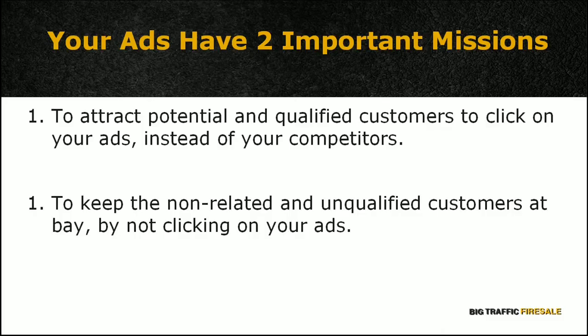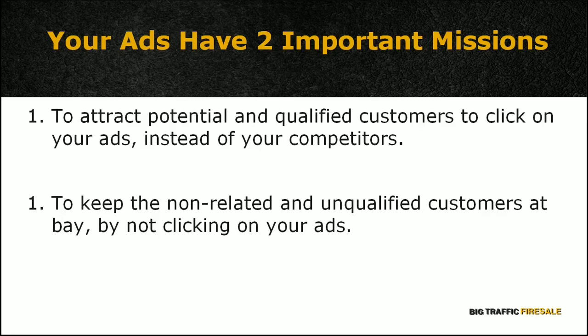When it comes to Google AdWords, most people disregard the fact that besides the traffic that you intend to generate, there will be unwanted traffic too. You must take this into account as you're paying when people click on your ads. Therefore, your ads have 2 very important missions: to attract potential and qualified customers to click on your ads instead of your competitors', and to keep the non-related and unqualified customers at bay by not clicking your ads.